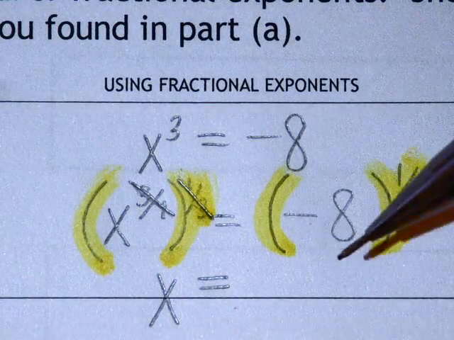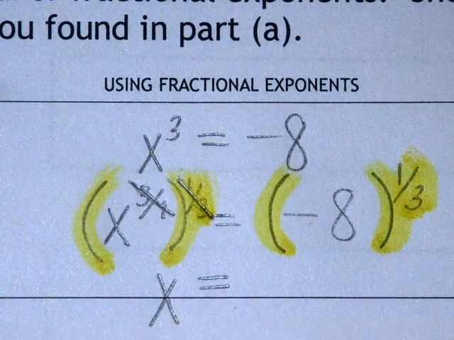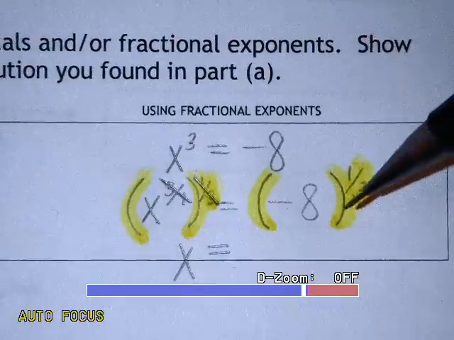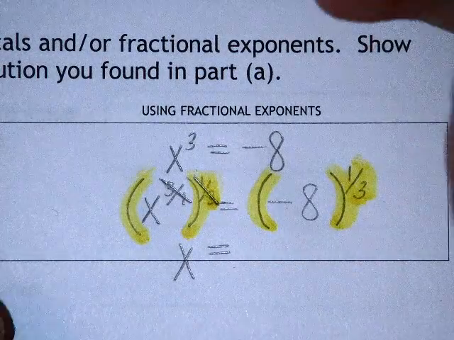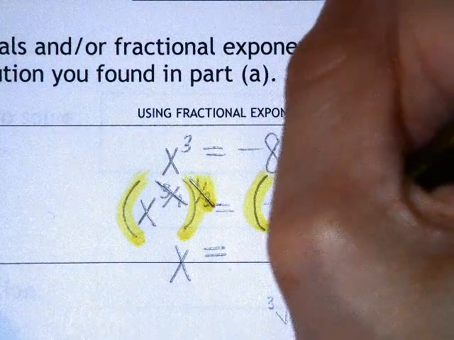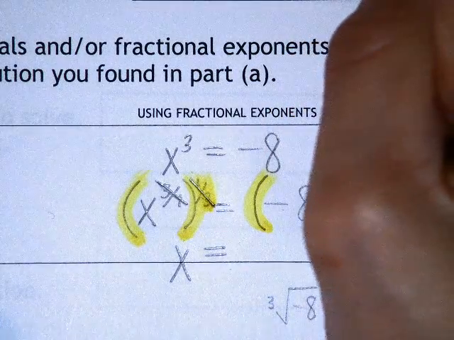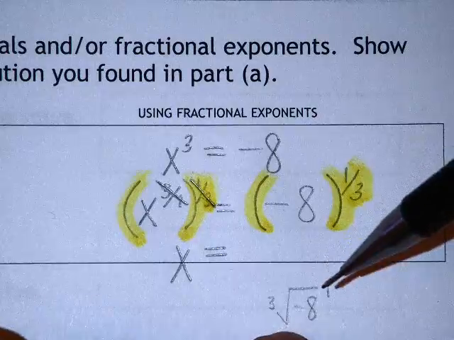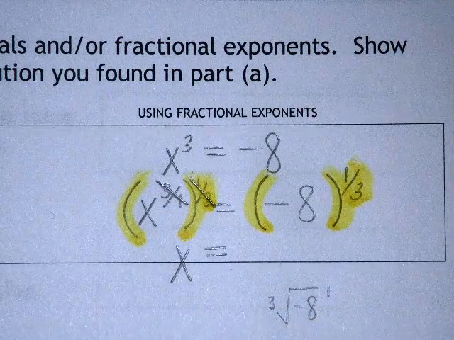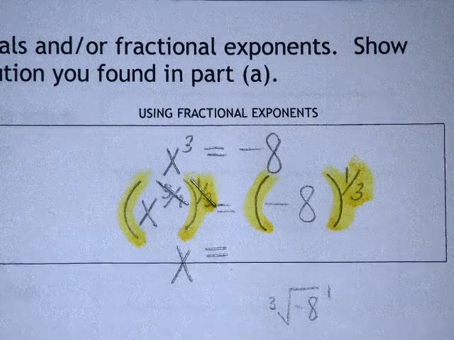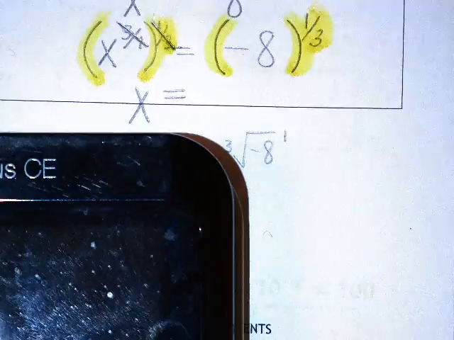And now if I think about -8 to the power of 1/3, that is totally something that I can figure out. Now you could rewrite it as the cube root of -8 to the power of 1, and you could solve it in your head. The cube root of -8 is still -2. Or, especially for those of us who feel like we're not too clear on exponents yet, this is something we could type into our calculator.